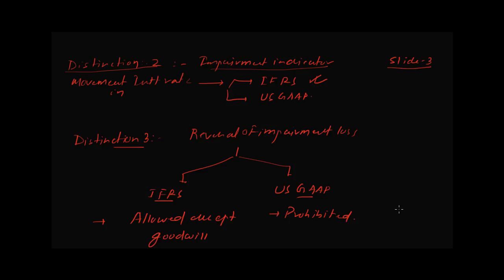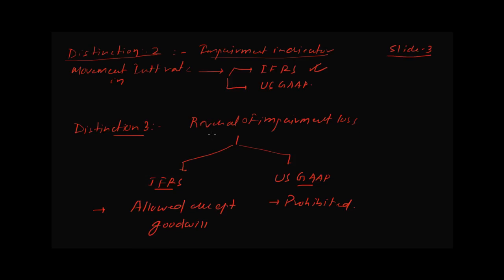So let's discuss the second and third distinction in IFRS versus US GAAP. The interest rate, the impairment indicator. Interest rate movement is one of the most important indicators in case of IFRS, but US GAAP does not specify movement of interest rates to be an indicator.